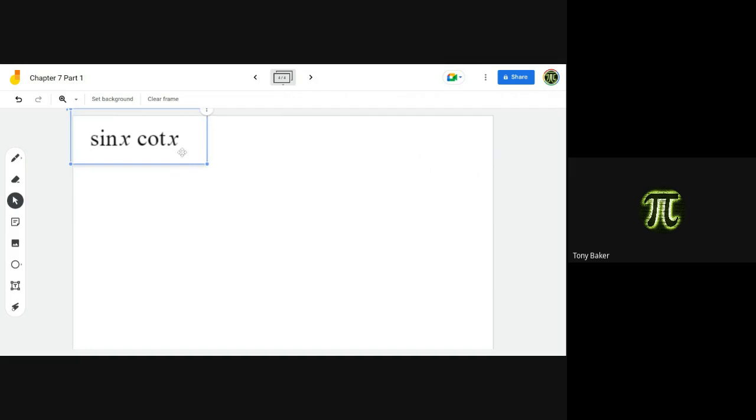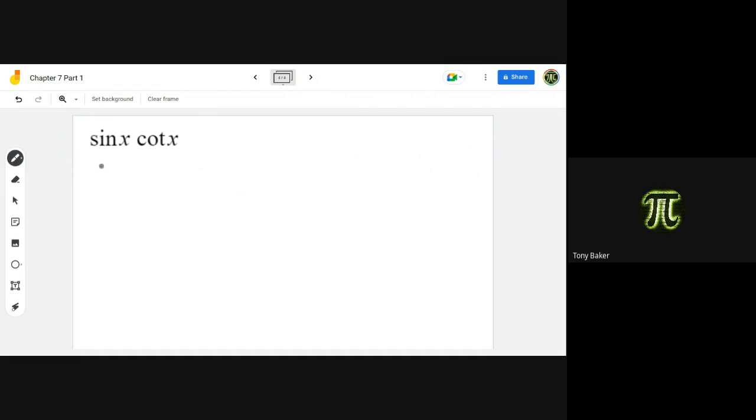All right, so we have sine of x times cotangent of x. So what do you want to try with this one? Same thing, we want to get it to a single trig function. Yeah, let's change cotangent to sines and cosines, right?